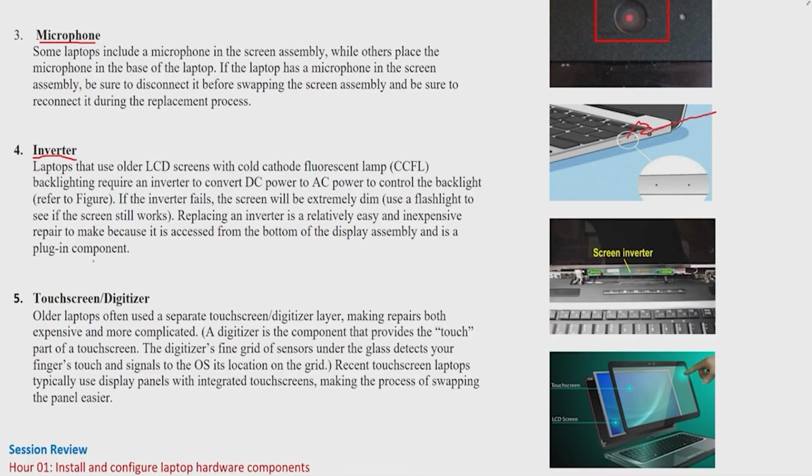Otherwise we cannot take power from the battery inside, because that battery power is just given to the motherboard. But that panel is not attached to the motherboard. That panel is separately aligned, so that panel should also get power. So that chip is acting as an inverter to power the LED.